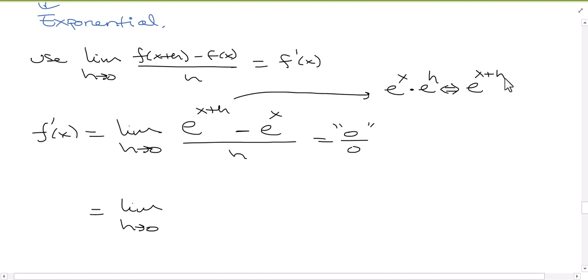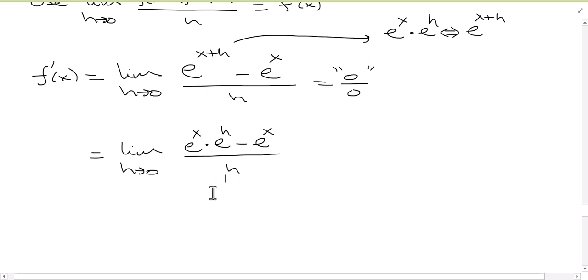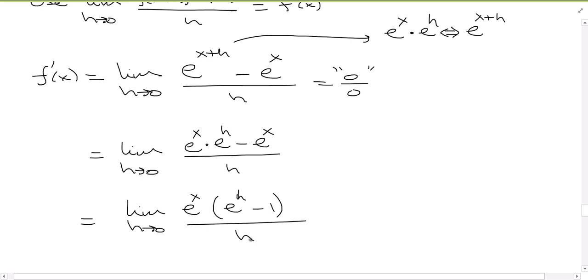If I have addition of exponents, that means it came from the same base being multiplied. So this will be e to the x times e to the h minus e to the x. And the reason I'm doing this is because now I see that the e to the x term is common. So this is the limit as h goes to 0 of e to the x times e to the h minus 1 over h.